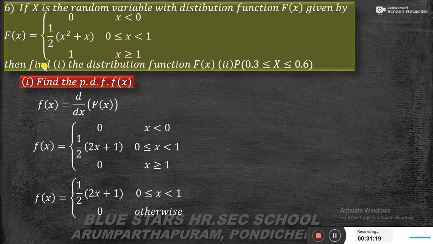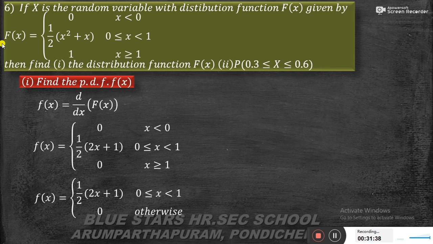So the question is, find the probability density function, not the distribution function. Find the probability density function small f of x, and the subdivision, the probability of 0.3 less than or equal to x less than or equal to 0.6.